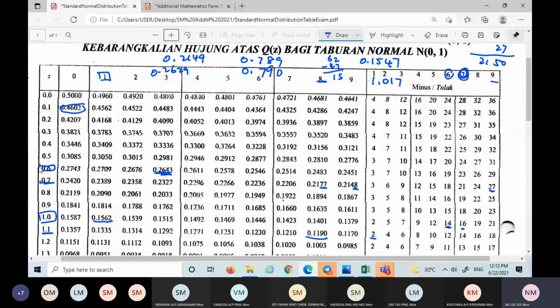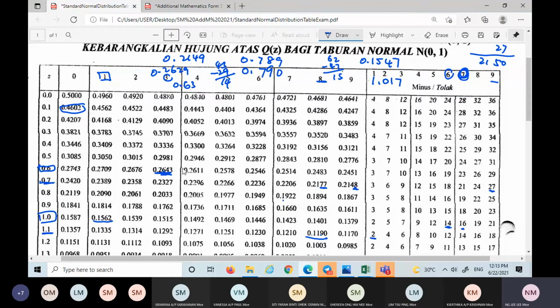So my answer is 0.63. 63, what? 43 and 29. 43 minus 29. Here, 43 minus 29. Okay, 14.